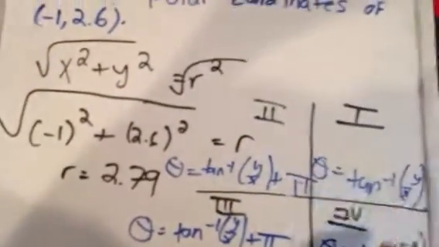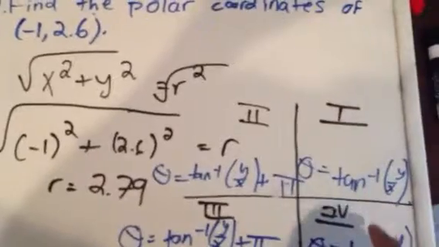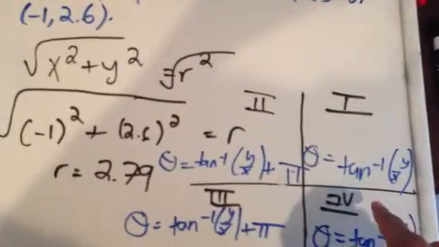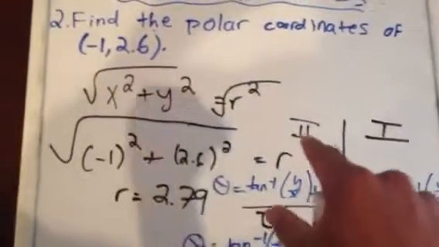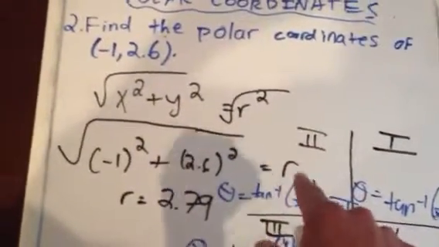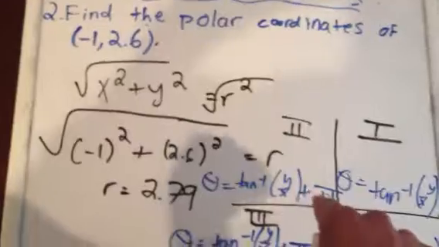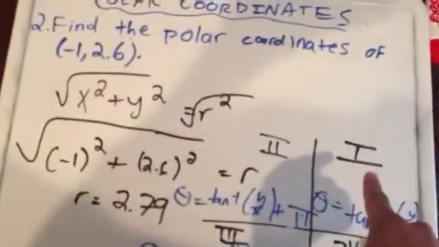But if you're on the positive side of the x-axis, then it's just tan inverse of y over x. So let me go over that one more time. If you're on the negative side of the x-axis, it's tan inverse of y over x plus pi. If you're on the positive side of the x-axis, it's only tan inverse of y over x.